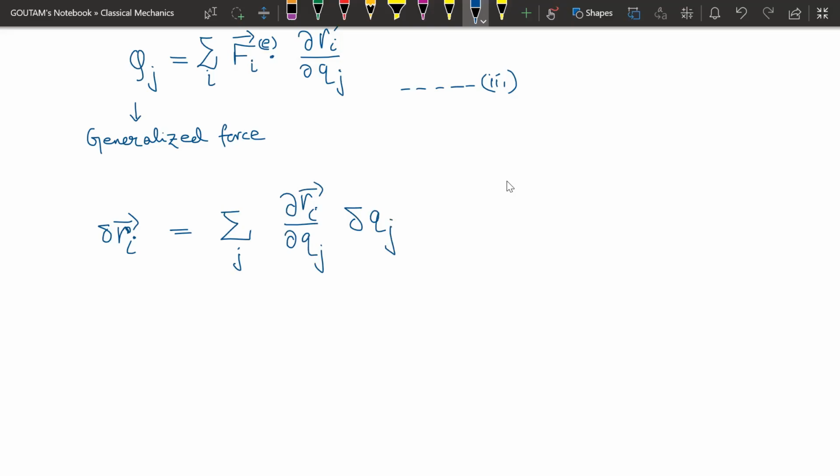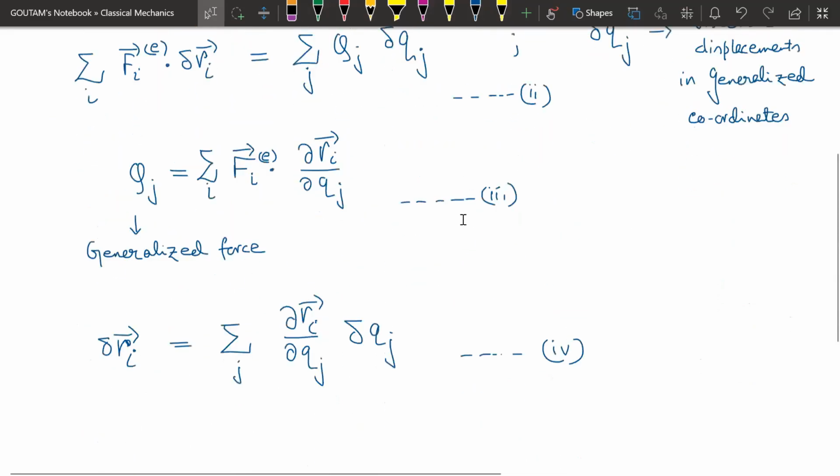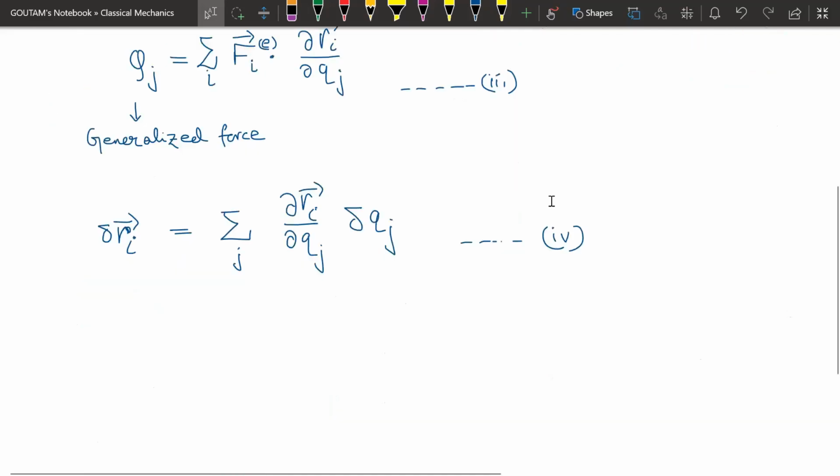And there is no del Ri del t term, because these are virtual displacements, not actual displacements, so there is no explicit time dependence. Let's call it equation 4. These are a few equations which we used in the last class, and we will need them in this class, so I just summarized them in the beginning.